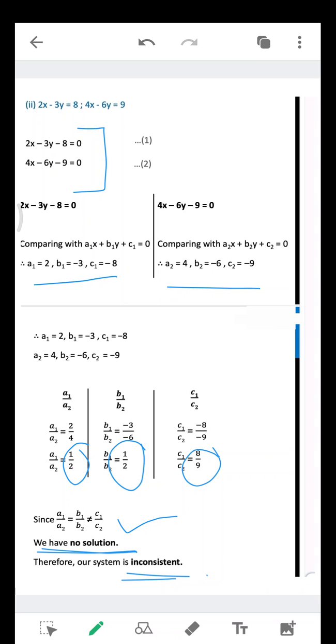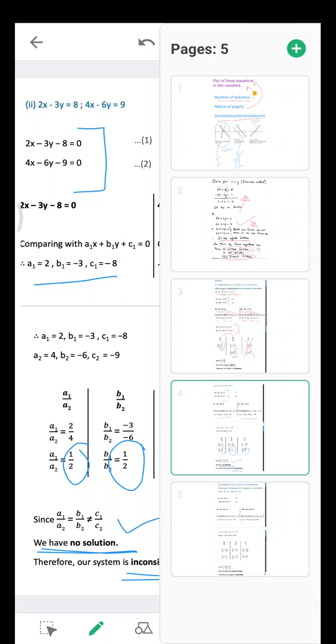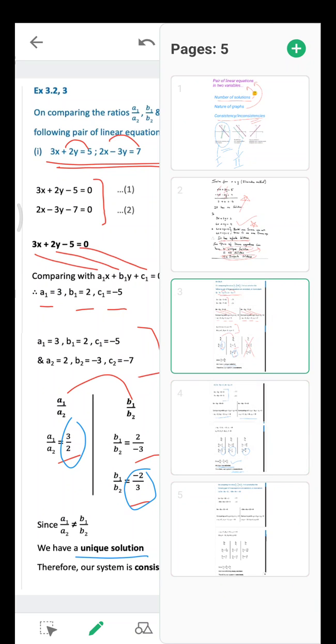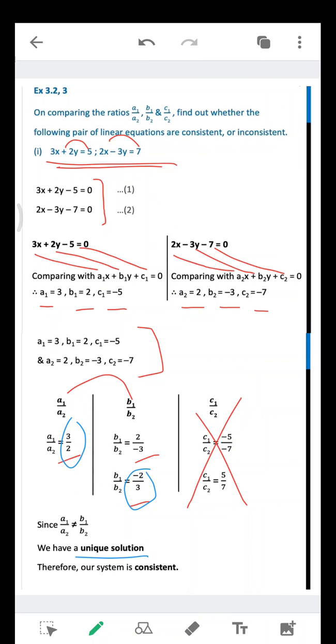If a1 by a2 is equal to b1 by b2, then you should find c1 by c2 also. If a1 by a2 is not equal to b1 by b2, then you should not go for c1 by c2. Like in the previous case, a1 by a2 was not equal to b1 by b2 here, 3 by 2 and minus 2 by 3.